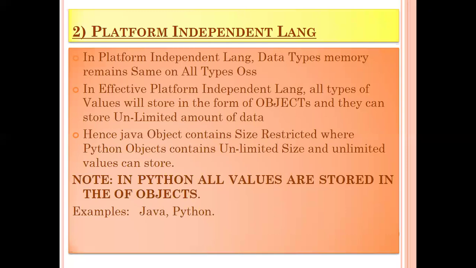The second feature is platform independent language. How can we say it is platform independent? Python is known to be platform independent because its data types remain the same on all types of OSs.